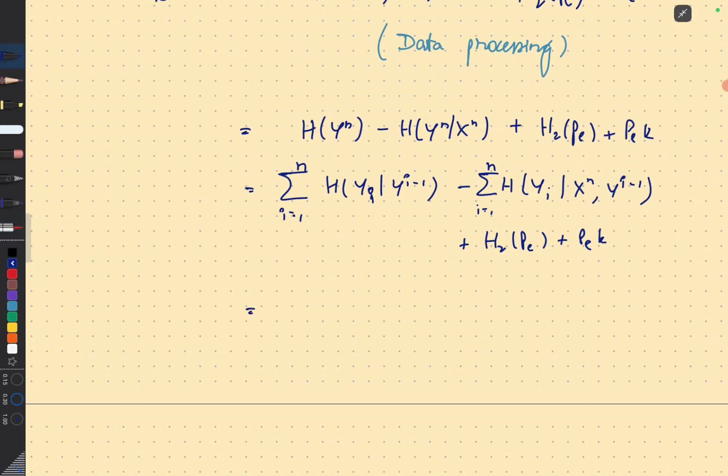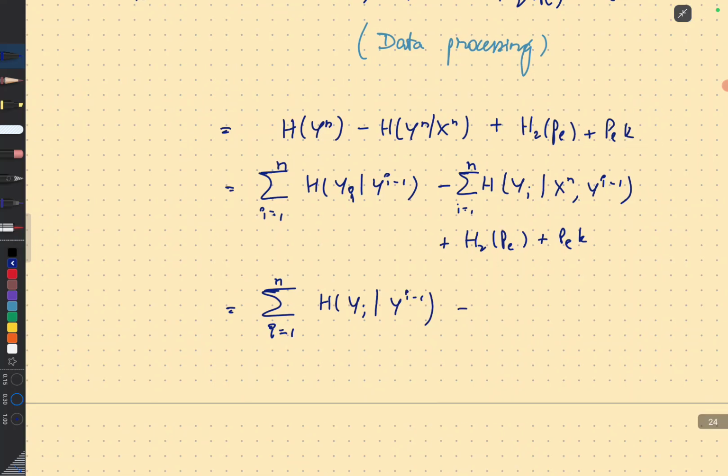So this is equal to summation i equal to 1 to n. Okay, nothing else. I've just used the property of a discrete memoryless channel.